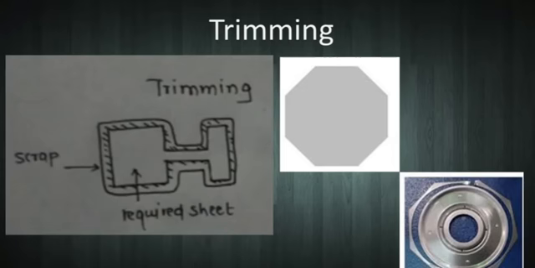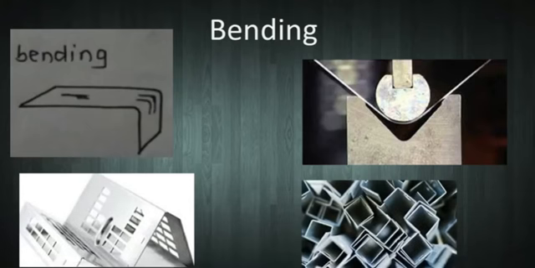The next operation is trimming. In trimming operation, excess material from the sheet is removed from the workpiece. Here trimming operation is shown. Here excess material is cut down from the workpiece.